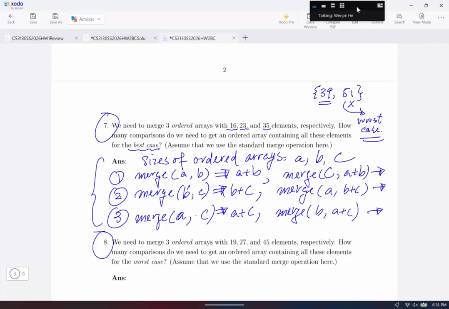Then you pick the best one, the one with the minimum number of comparisons, for your answer.